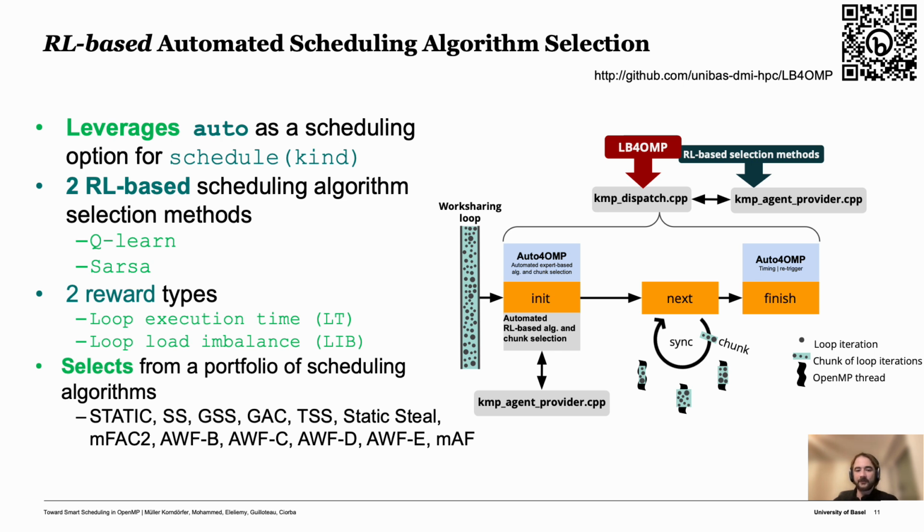The reward types we defined for the methods are basically loop execution time and loop load balance. And finally, the portfolio of algorithms that the library can select from is the same as the one for the expert-based methods.